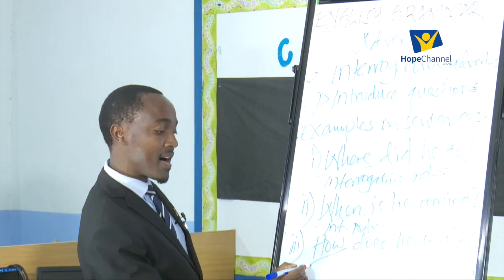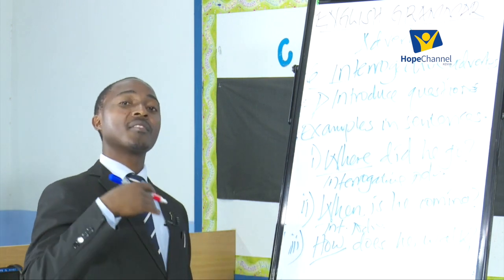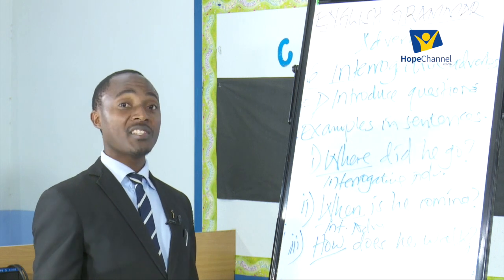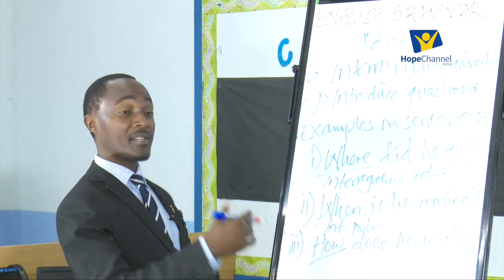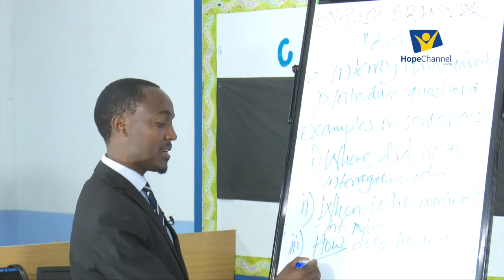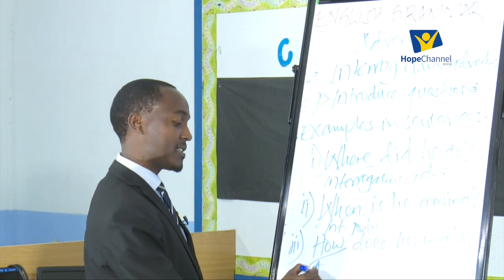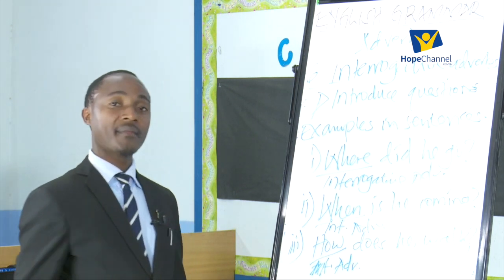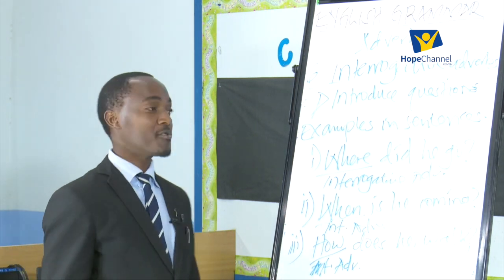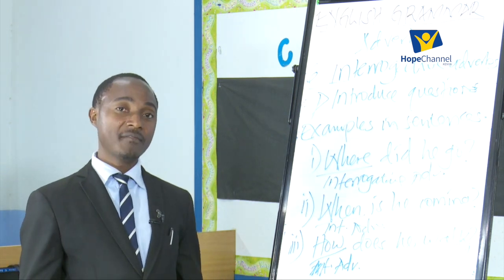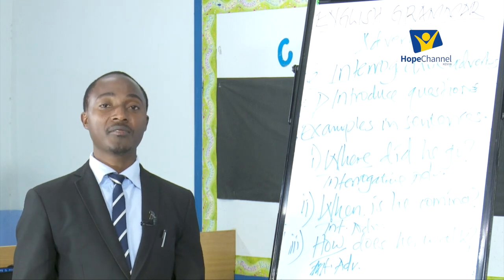So the word how will lead us to the adverb of manner if we were to answer the question, for example, he walks slowly. So the slowly will give us now adverb of manner. But in this sentence, because it's asking a question, we say how is our interrogative adverb. That's simply what we call an interrogative adverb. Adverbs that are used to ask a question or to introduce questions.